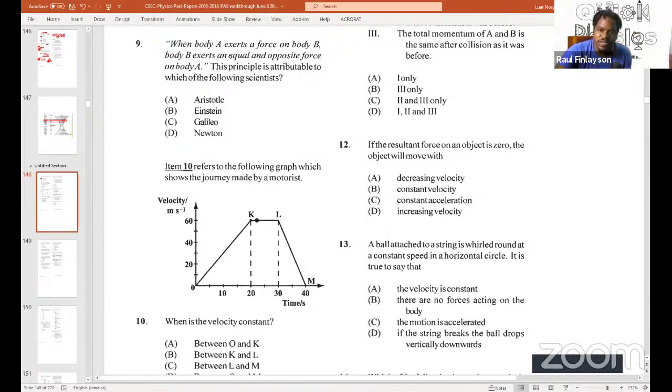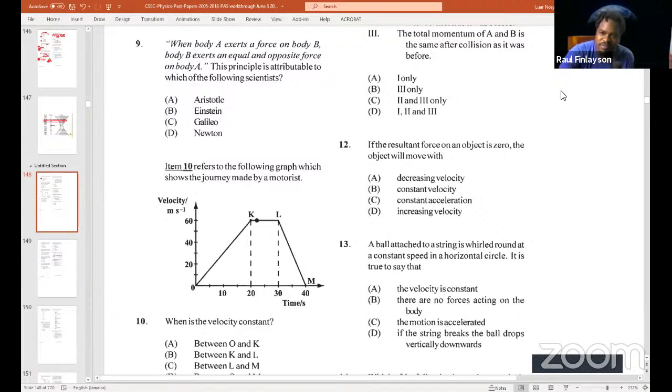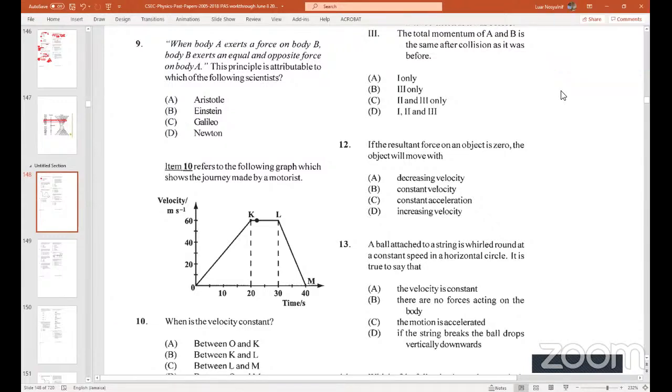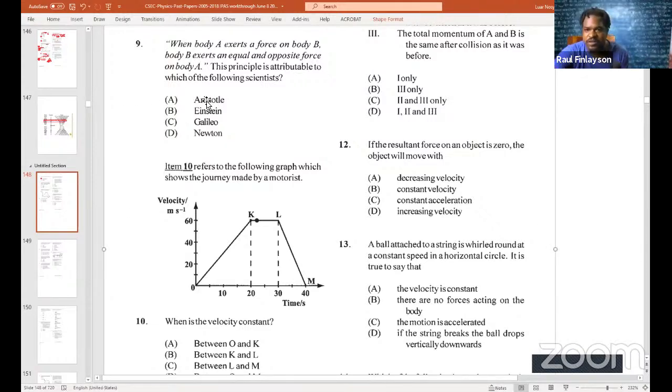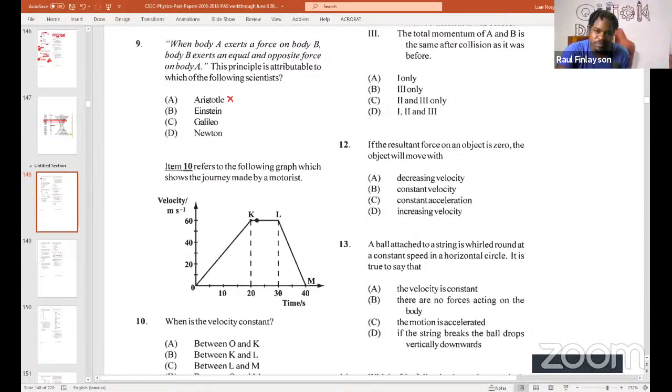Certainly we can eliminate some here. Aristotle is more of a philosopher than a scientist. When I X him out though, he was a brilliant guy. He taught Alexander the Great, who was one of the greatest Greek kings. But all right, so he's out.